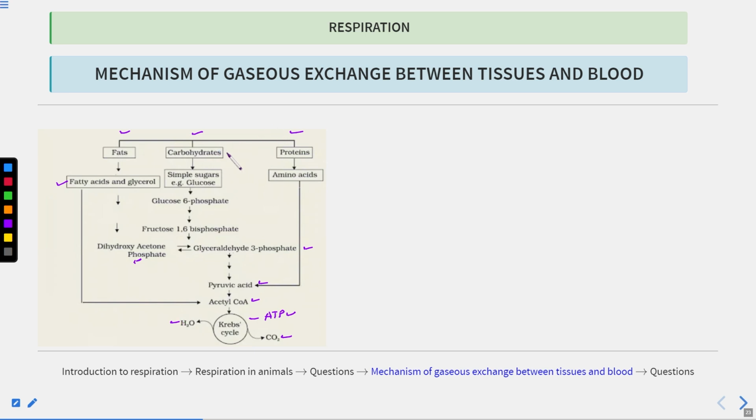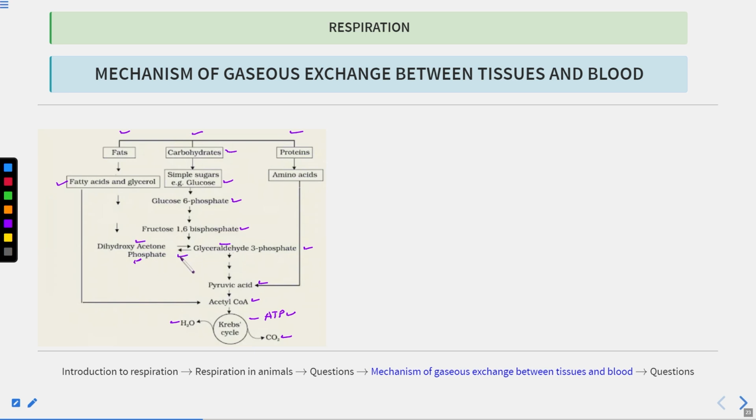Now, if we talk about the carbohydrates, the very simple sugars are known as glucose. Glucose are monosaccharides and they are readily available. So which pathway will glucose follow? Glycolysis. So what happens during glycolysis? Glucose is first converted into glucose 6-phosphate, then fructose 6-phosphate, then fructose 1,6-bisphosphate. Then finally, glyceraldehyde 3-phosphate is formed, as well as dihydroxyacetone phosphate.